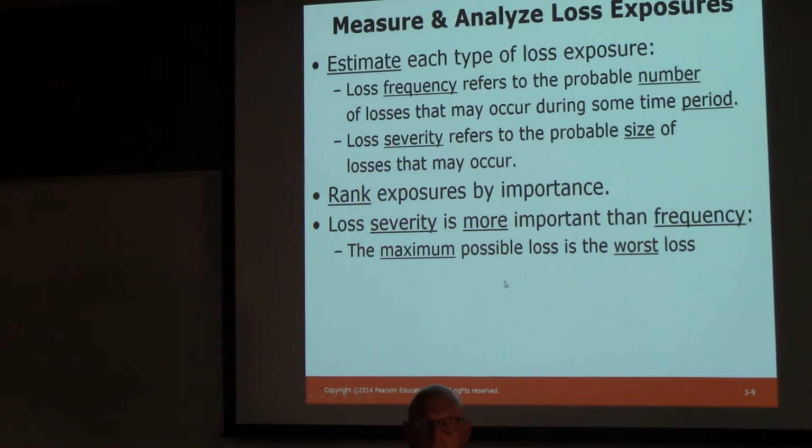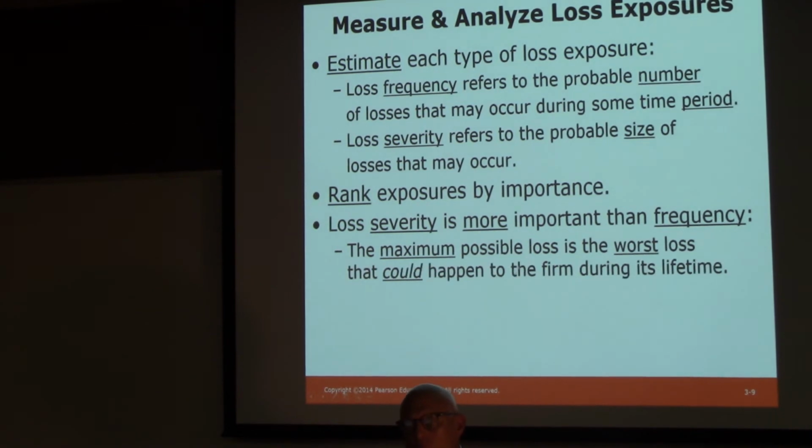and so we look at two types of severity. One is the maximum possible loss, which is the worst loss that could happen to the firm during its lifetime. As you look at an operation, you try to envision a worst case scenario.